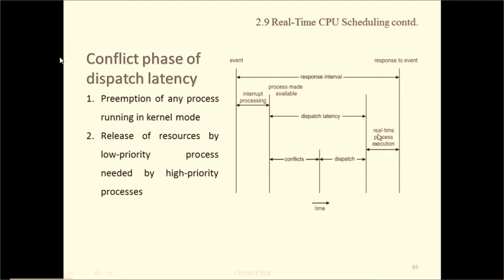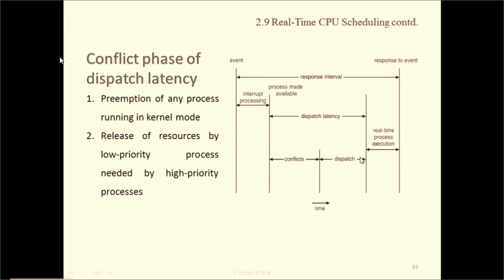And then the real-time process execution begins. You getting the thing? An interrupt has come. It is serviced. The interrupt now says that the resource currently held by a low priority process is needed by the high priority process. So it finds out that there is a conflict.